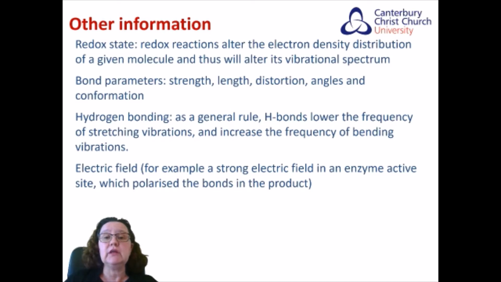Hydrogen bonding: typically, hydrogen bonds will lower the frequency of the stretching vibrations and will increase the frequency of bending vibrations. So you can look at hydrogen bonding in proteins by infrared spectroscopy. And you can also look at the electric field and how it changes, for example, during a reaction, if you're studying enzyme activity.